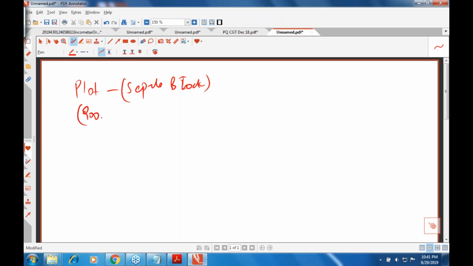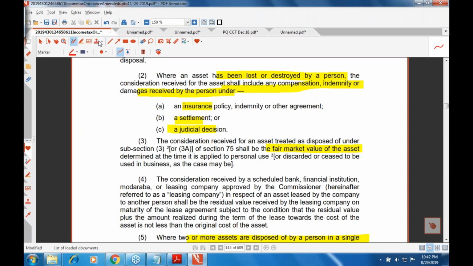The gain is going to be based on the fair market value. So 900,000 minus 700,000, multiplied by the rate. Since you are selling it between 1 and 2 years, you should know what exactly is going to be the tax rate applicable on it.